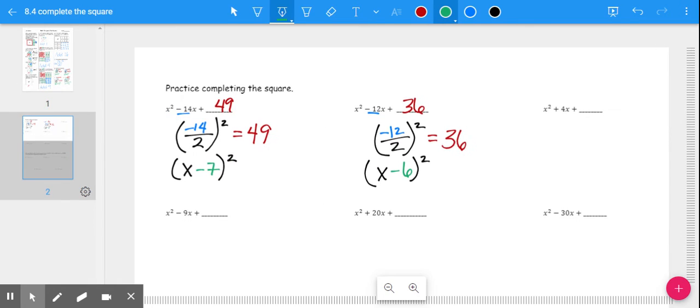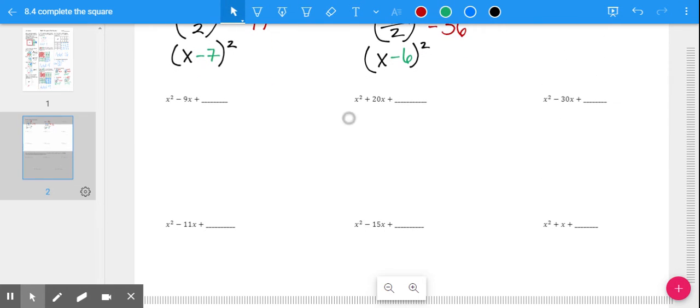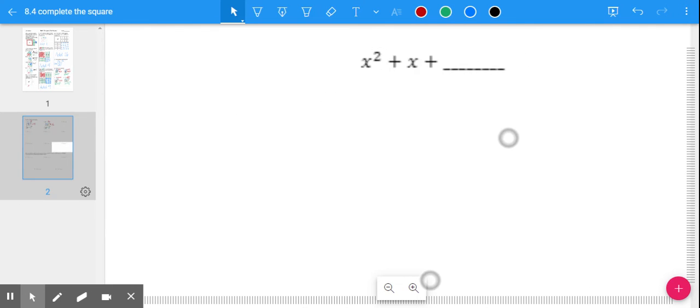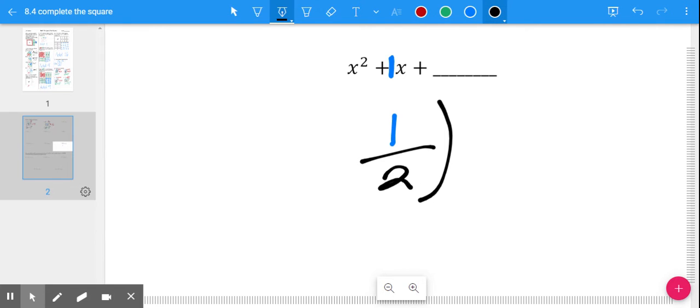All right, I'm going to let you guys use the others in this little section to practice, except for this one, because it threw off a lot of people. So your b value here is the implied 1 in front of x. Remember, it's ax squared plus bx. So that b value is the implied 1 in front. So we have 1 divided by 2 squared.